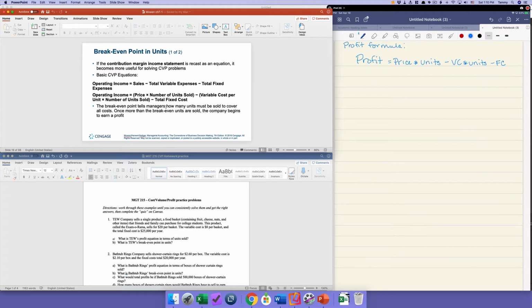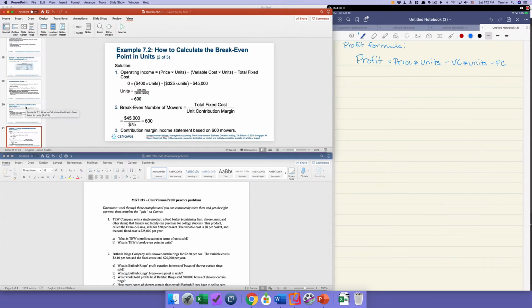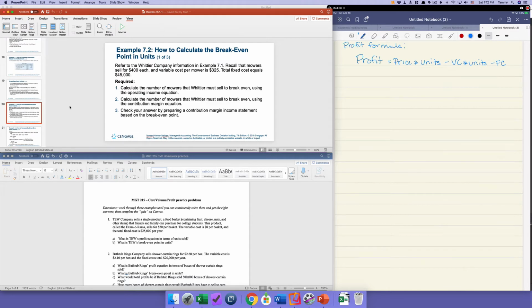Okay, so we are asked to calculate the break-even point in units here with our example from this lawnmower company. Basically, the break-even point is the point at which profit is 0.